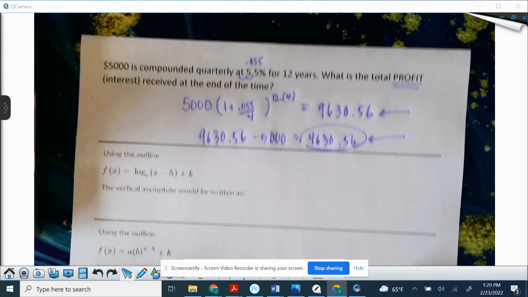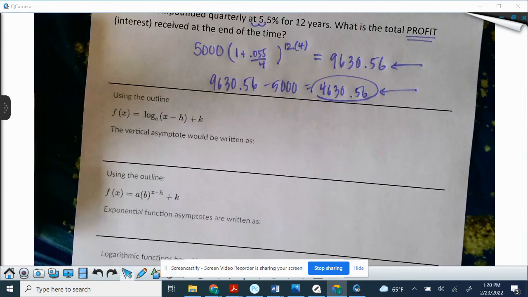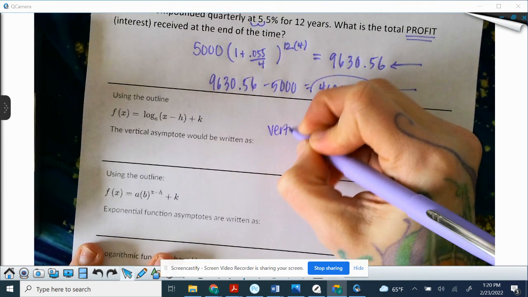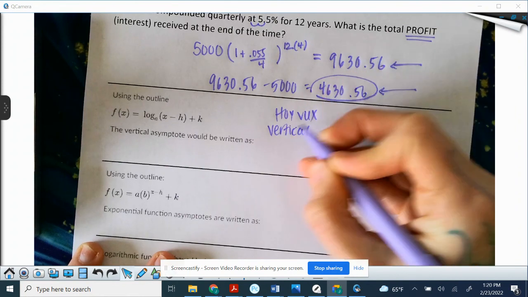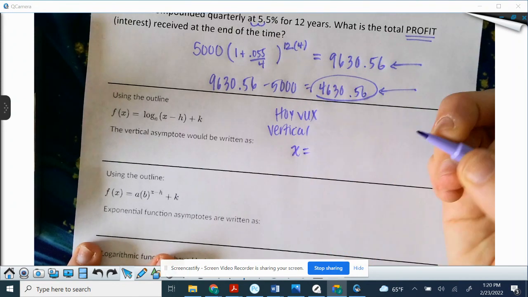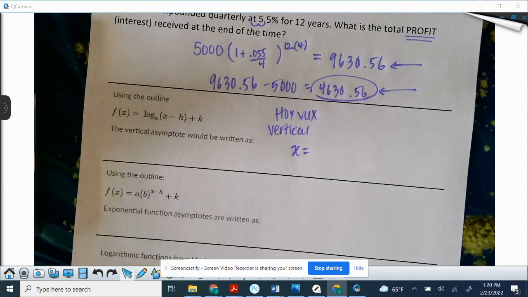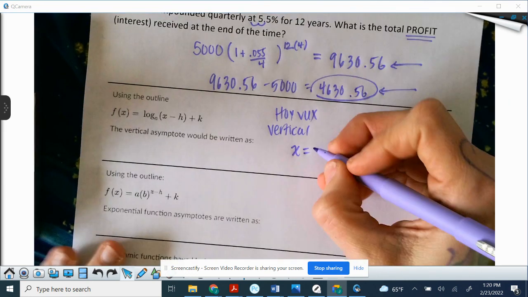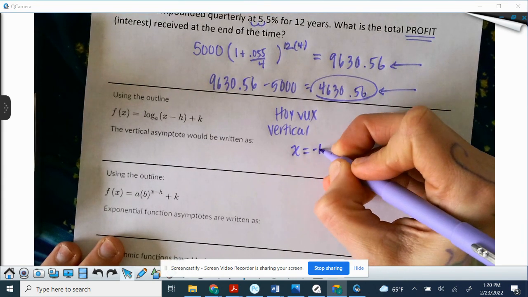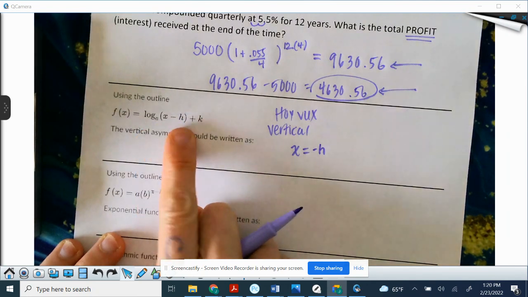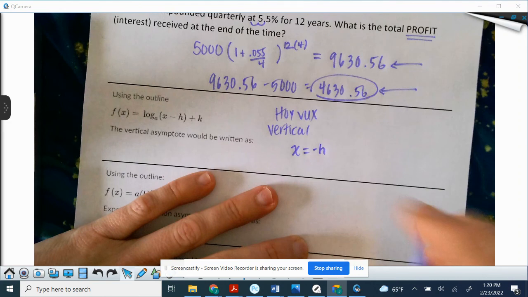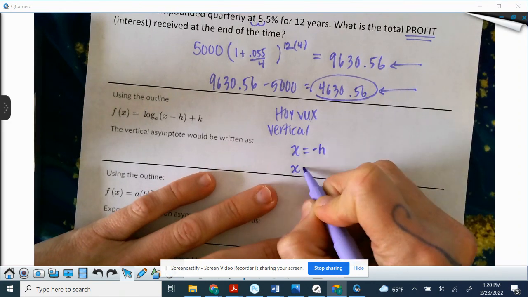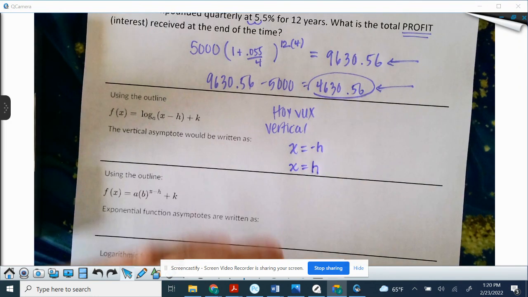So this one is just going back. A logarithm is going to have a vertical asymptote, which again is your h value. So we know that's going to be vertical. It's going to be an x equals, and it's x equals the opposite of h. So it is x equals your h value. Depending on what notes you see, they say opposite of h. But I think from our transformation lessons and the way that I teach you, it's your true value h.